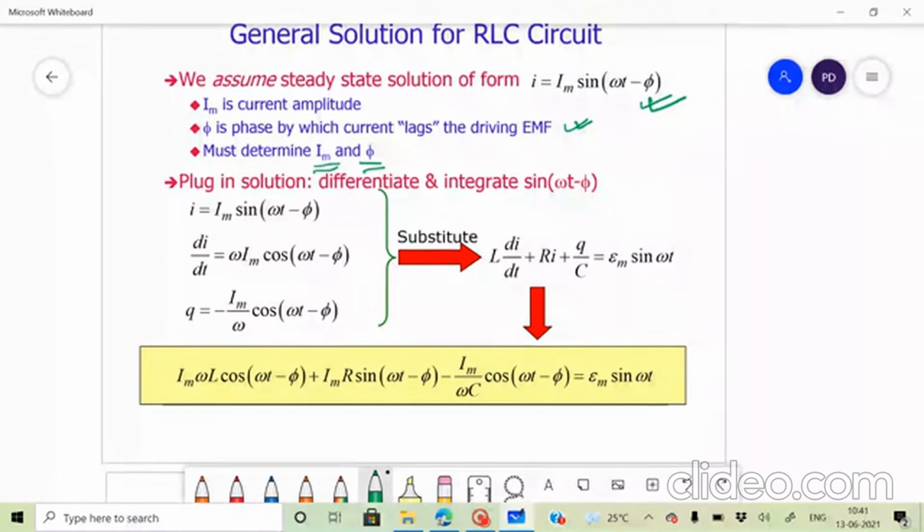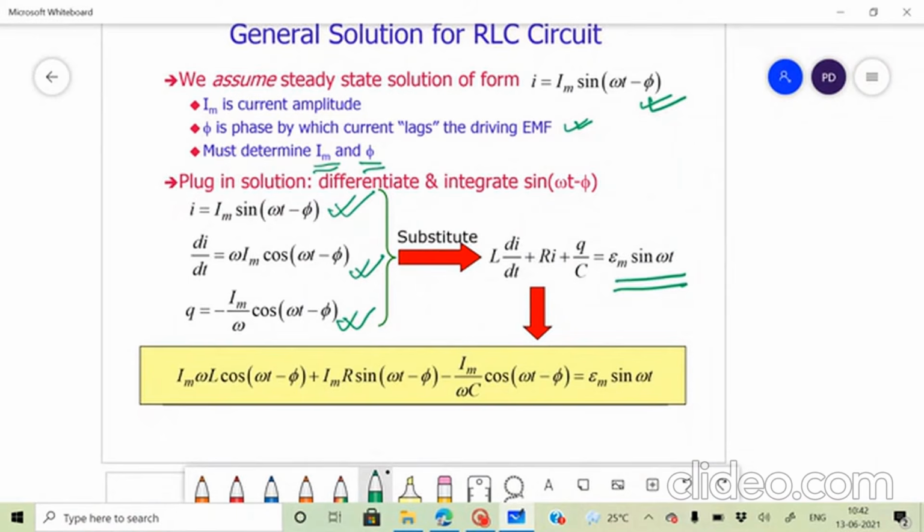So plug in the solution, differentiate and integrate for sine of omega t minus phi. So this is your current expression. You can take the differentiation and this is your Q. And then you substitute. So this is your EMF. Okay.